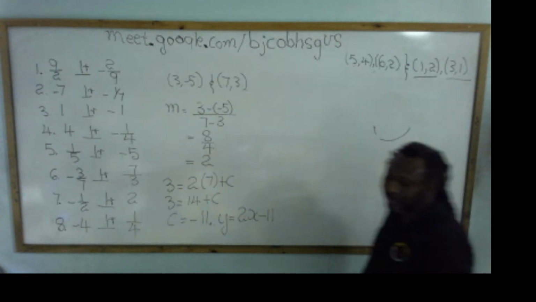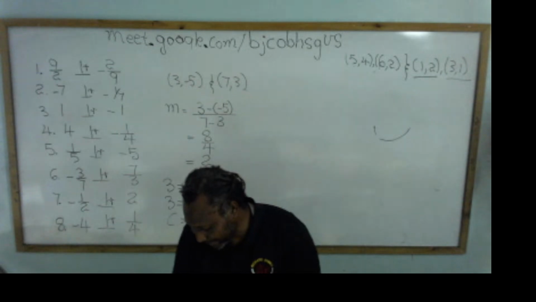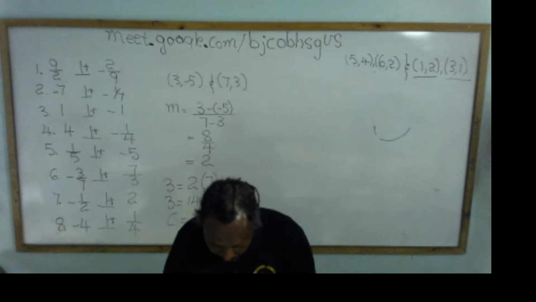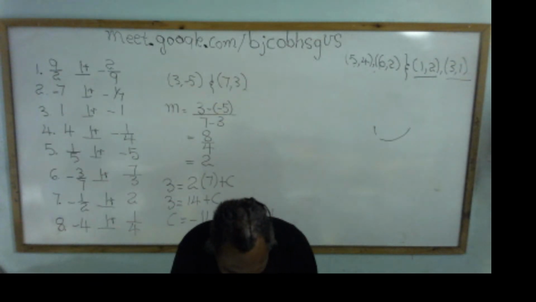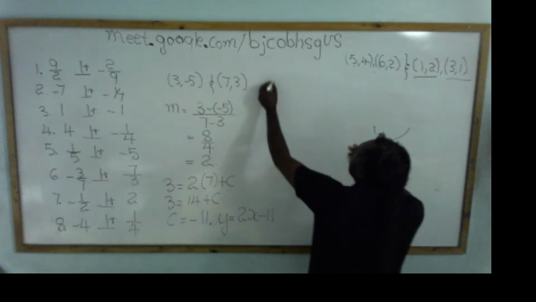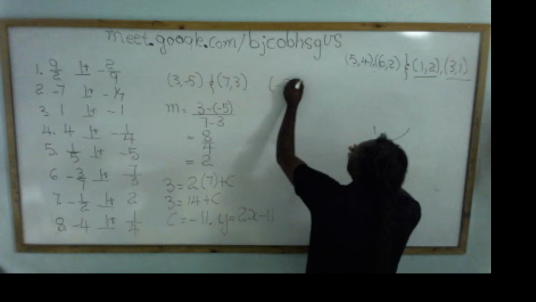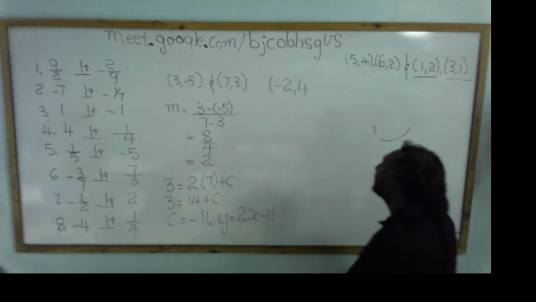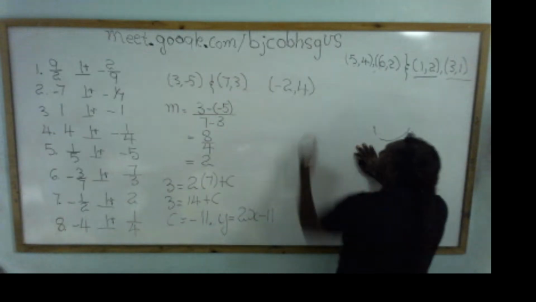Now you're going to go to the next portion of the exercise, which is, I don't see anything there, -2, 4. What do we say about this -2, 4?